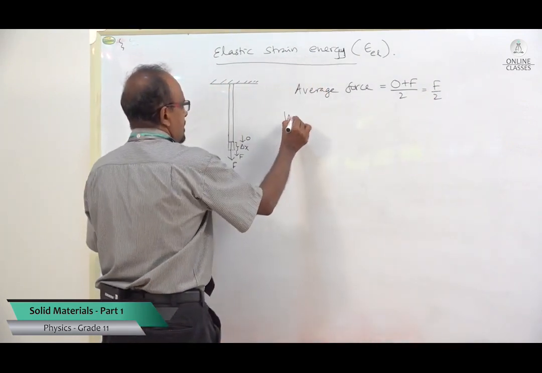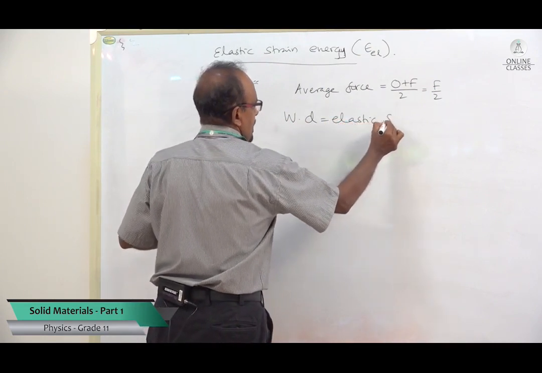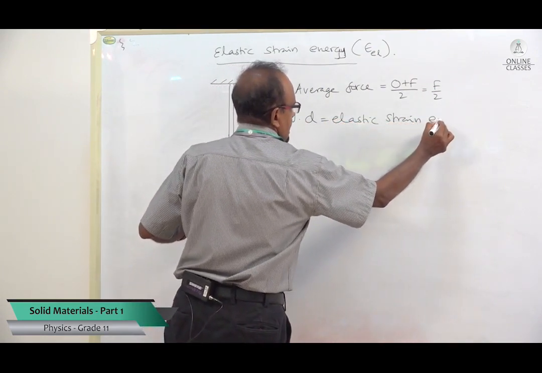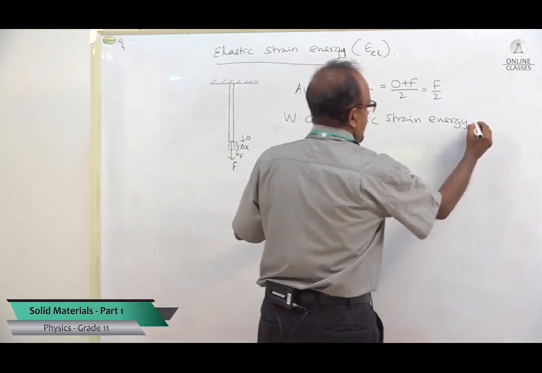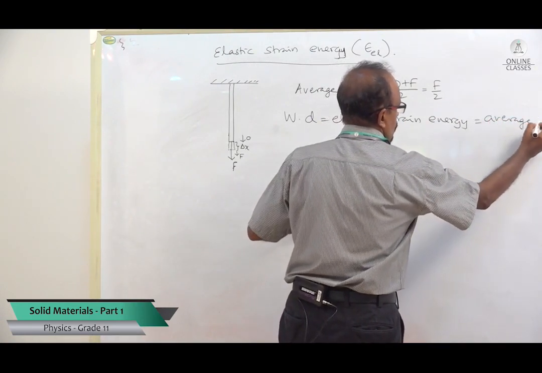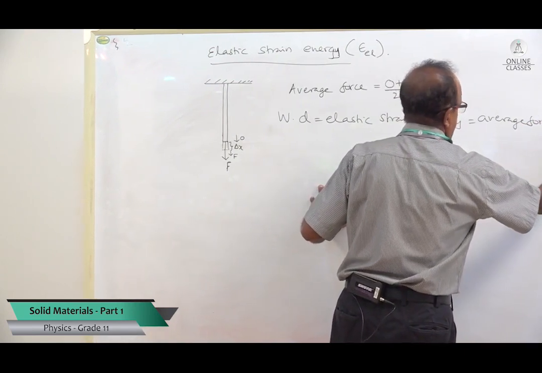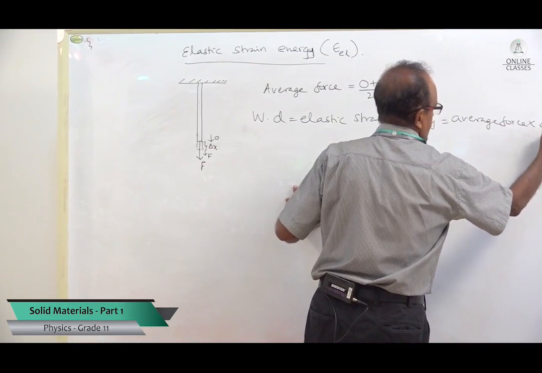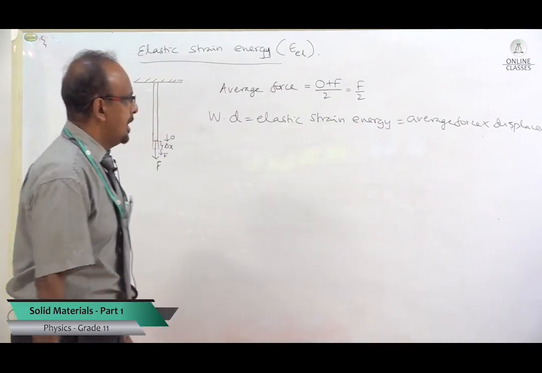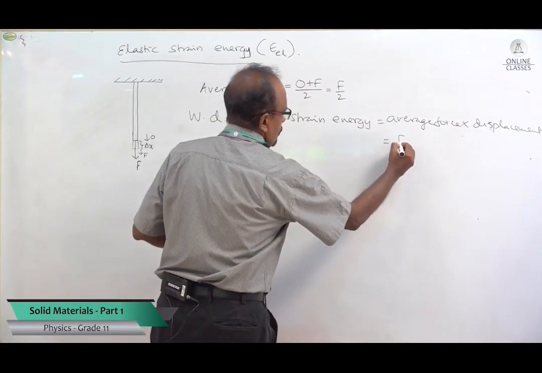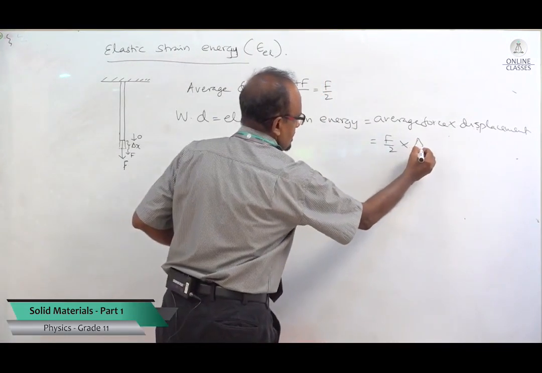Then I can write the work done, or elastic strain energy, as average force into extension, or displacement. That is the definition of work done. So the average force will be F by 2, and the displacement will be the extension, delta x.